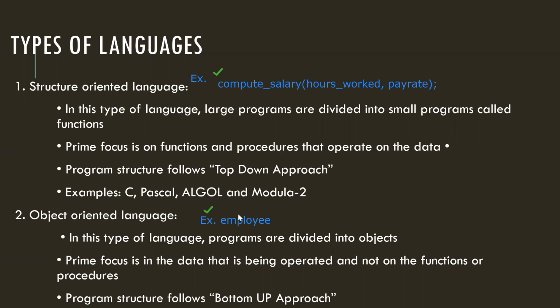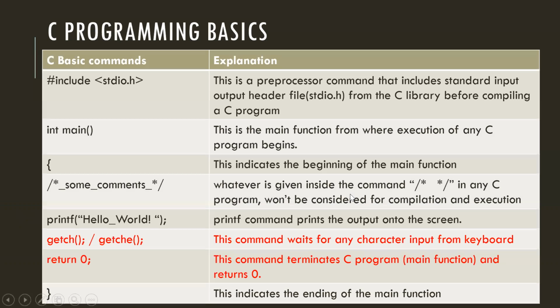So it's more focused on the data that is being operated, not on the functions or procedures. And it is also working on the bottom-up approach. So again, that's the difference between structure-oriented language and object-oriented language.